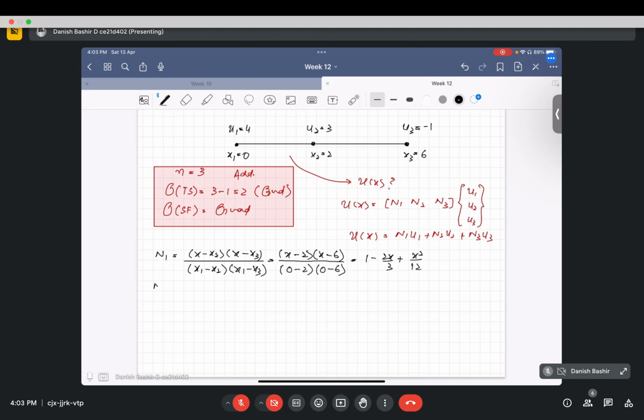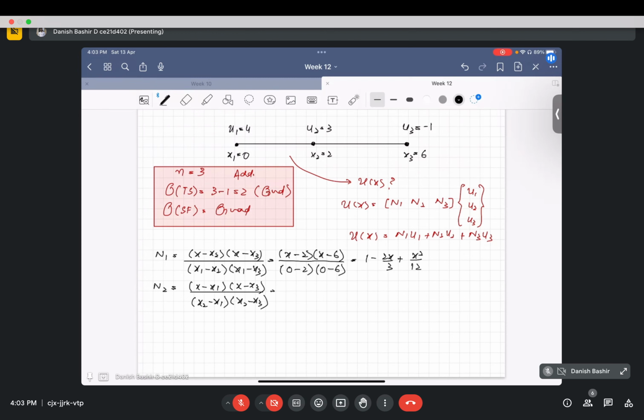Similarly, N2 you have to write. Now i is equal to 2. So x minus x1 will be in the numerator, x minus x3 will be another one, divided by x2 minus x1 times x2 minus x3.